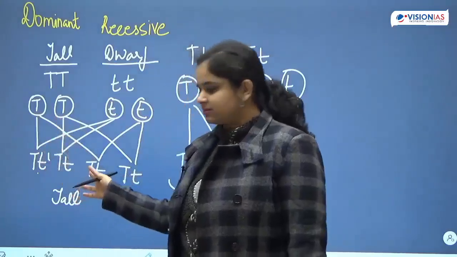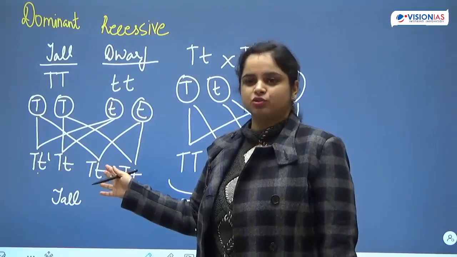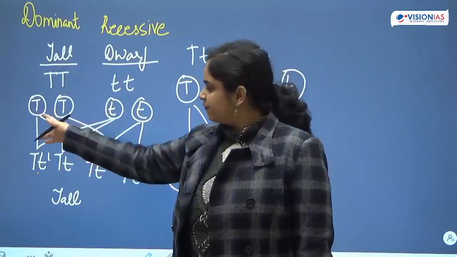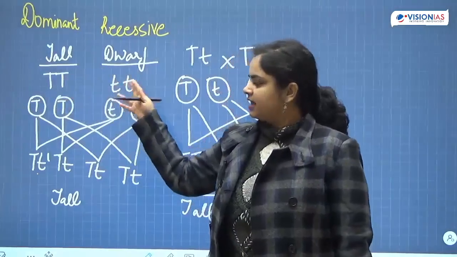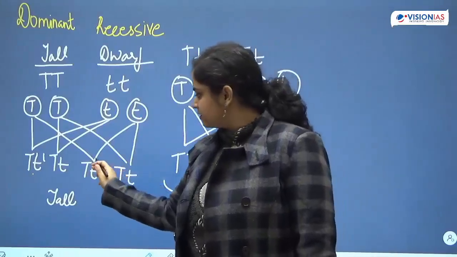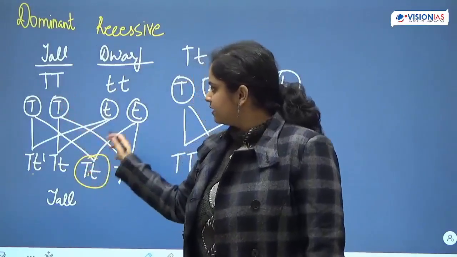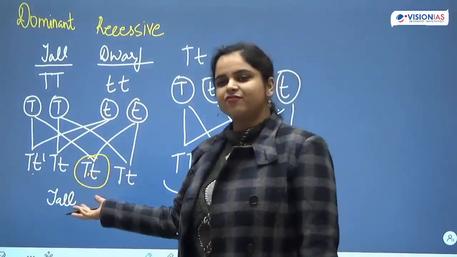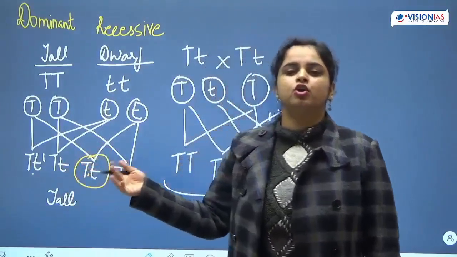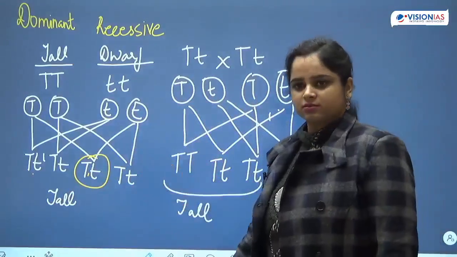Now take this example. In this individual, capital T is coming from one parent, small t is coming from the other parent. Ultimately, every organism will have it in a pair, two genes.